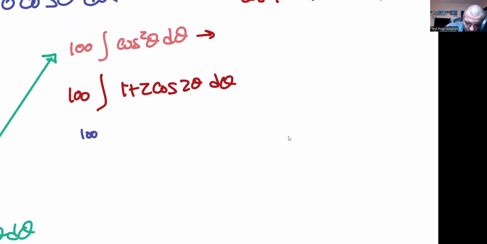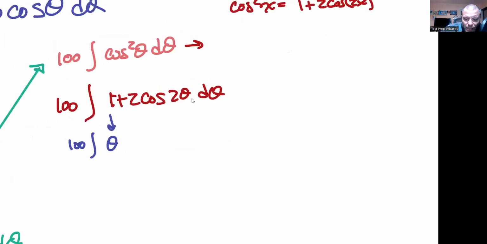100 times, well, the integral of 1, because we have a d theta, is going to be theta. Then plus the integral of cosine of 2 theta, so the antiderivative of cosine would be sine. So we're going to get plus sine of 2 theta over 2, right?